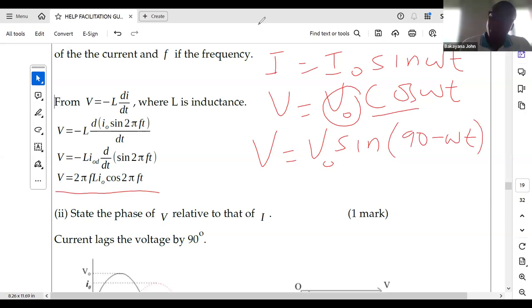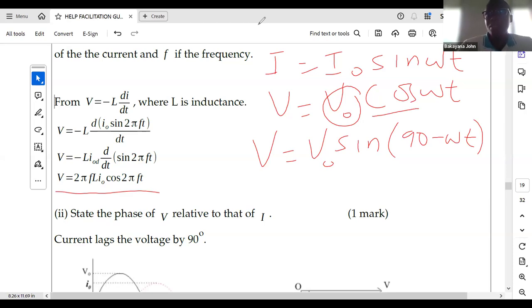Am I right? So V is V naught sine of 90 minus omega t.